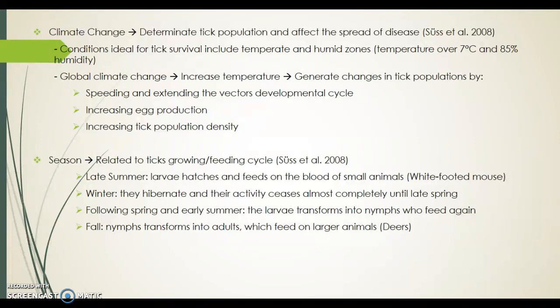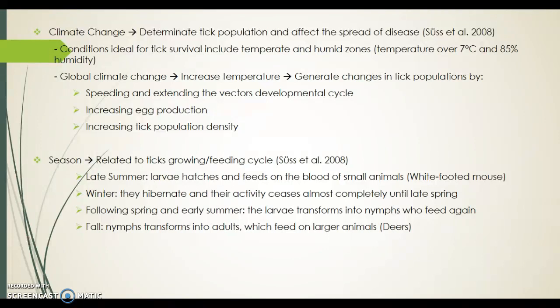The other factor is climate change. Usually climate change helps determine tick populations and affect the spread of the disease, basically by providing conditions that are ideal for tick survival, and these include temperature and humidity. For these ticks in particular, temperatures over 7 degrees Celsius and humidity conditions of 85% are ideal for their survival.